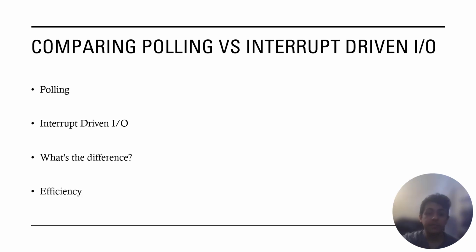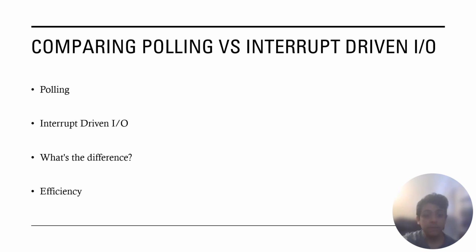So our next topic is comparing polling versus interrupt-driven input-outputs. Polling and interrupt-driven input-outputs are two techniques used for handling input and output operations in a system. The choice between them affects system performance and CPU efficiency. With polling, the CPU repeatedly checks the device at regular intervals to see if it needs attention. This can waste processing power if no input is available.